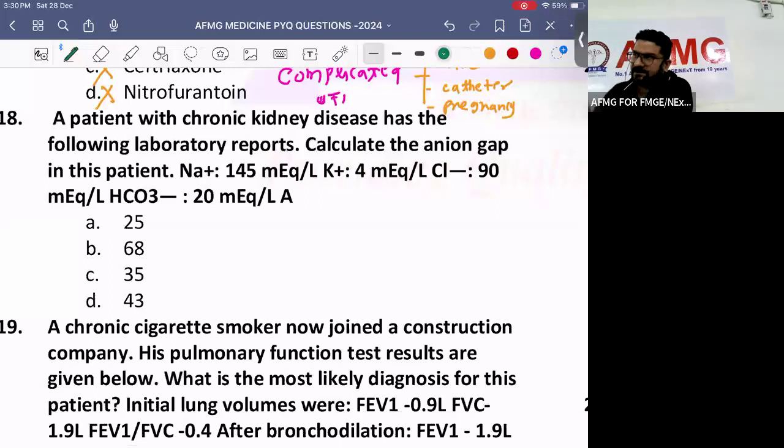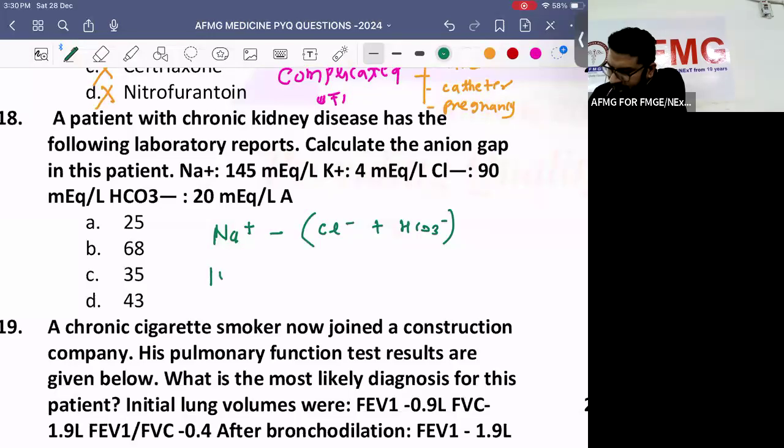तुम बताओ. Try to answer. Do the calculation. 145 minus... 145 minus, so it is 35.